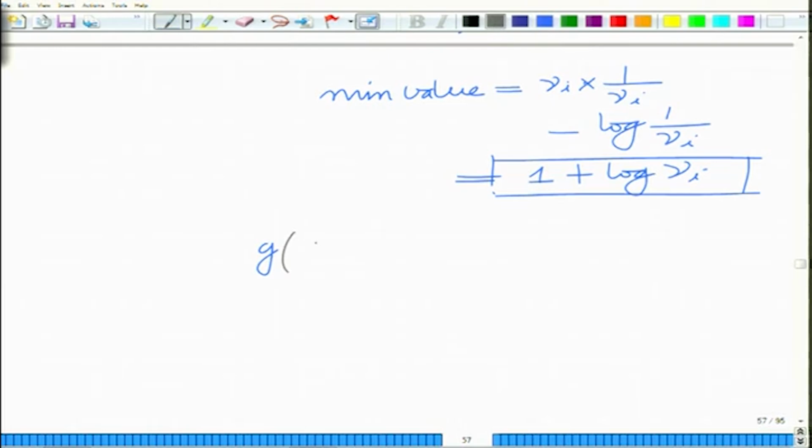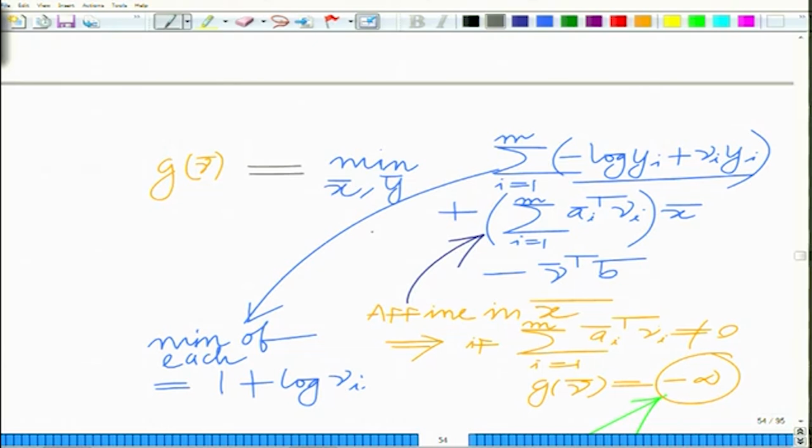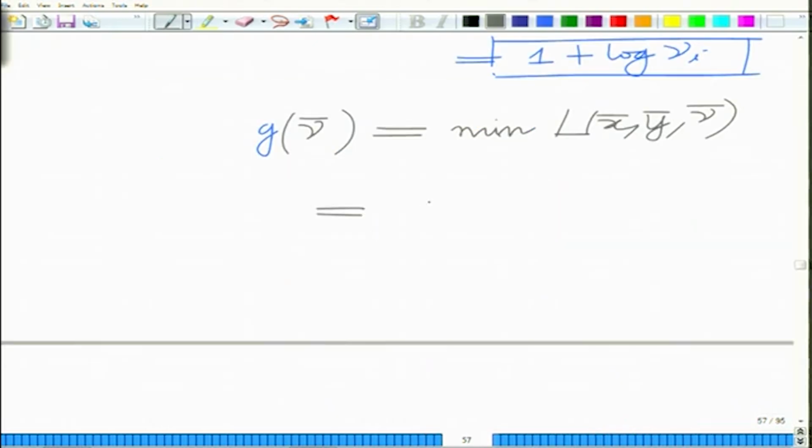So, basically what you have is g of nu bar equals the minimum of L of x bar, y bar, nu bar. I am sorry, this is g of nu bar, which is summation i equals 1 to m of log of nu i plus 1 minus b bar transpose nu bar.